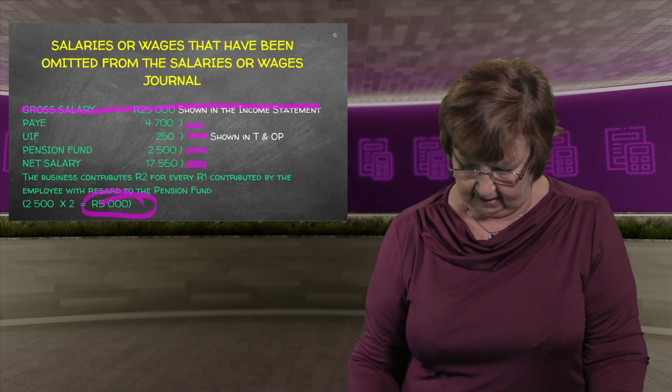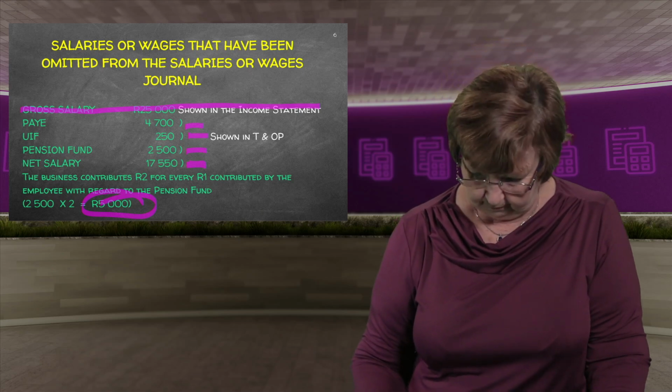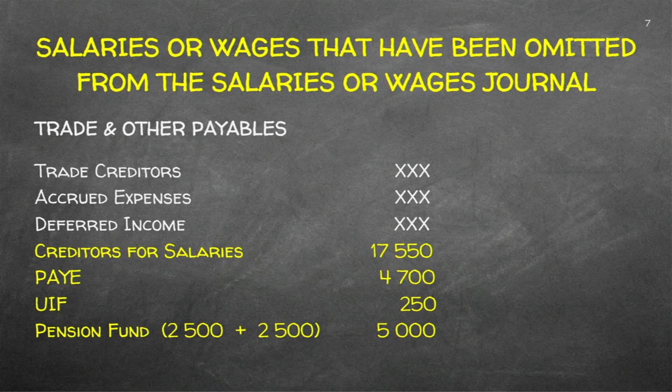So let's have a look and see what that looks like. Trade and other payable, note number 9. I've got my 3 basics: trade creditors, accrued expenses, deferred income, and remember, deferred income can also be called income received in advance. And now I'm going to add the items applicable to salaries.